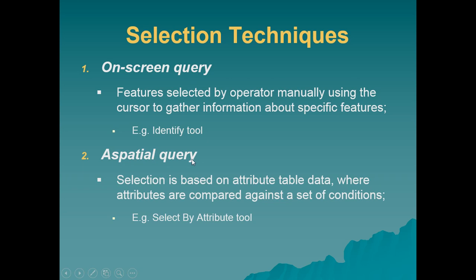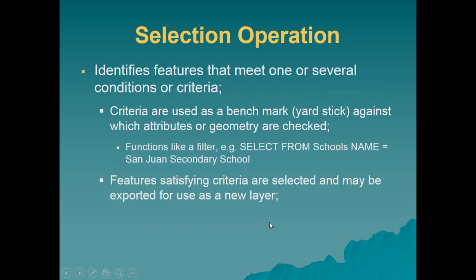Then you have a spatial query. This is selection based on the attribute table data, where attributes are compared against a set of conditions. This is what you would have been doing when you use the select by attribute tool. So what does this selection operation look like?